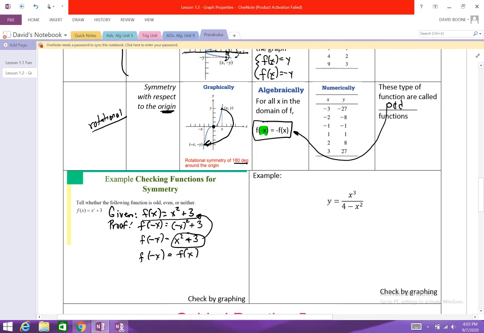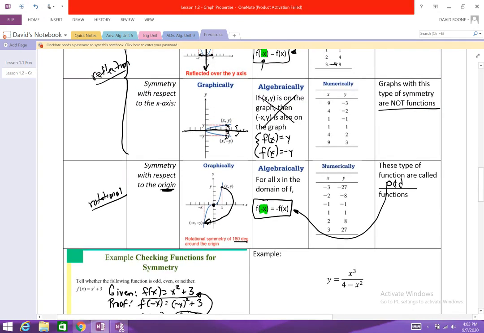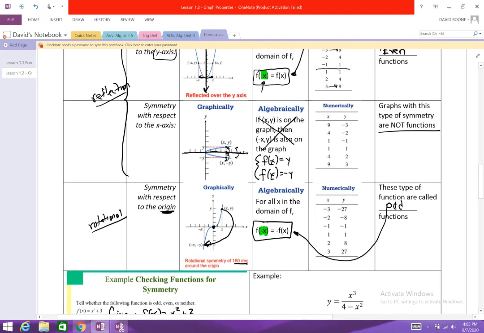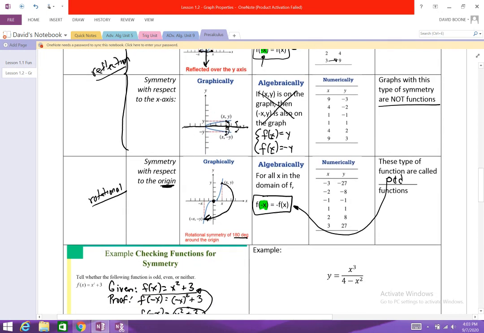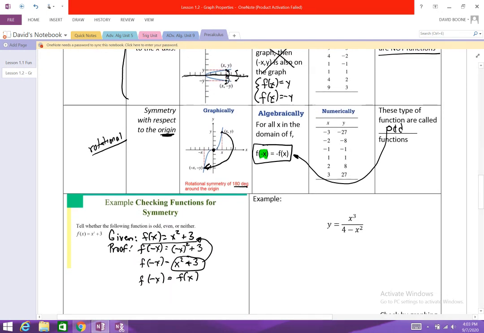And if I look up above, in that situation, I get to prove that this is an even function. So this would be an even function.